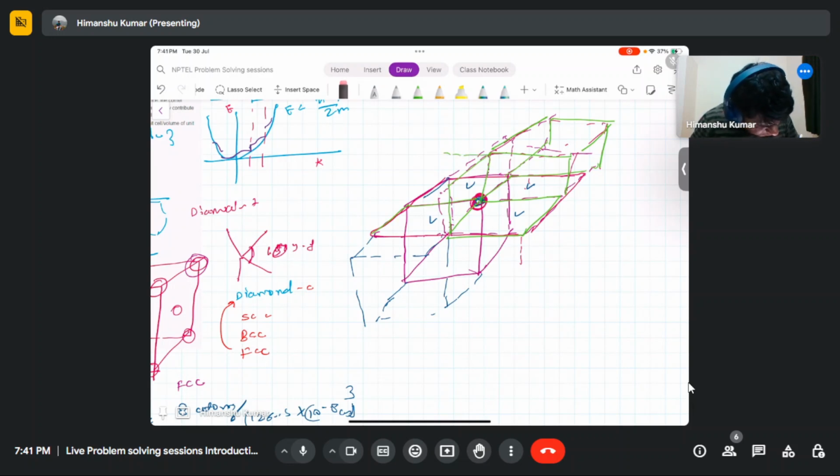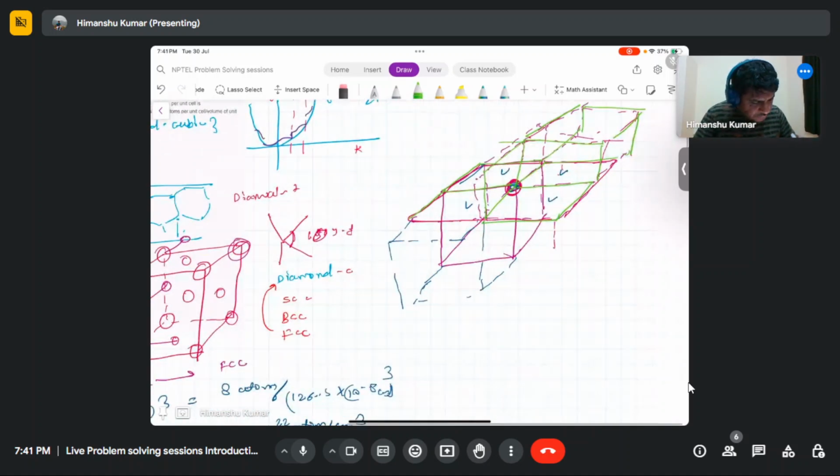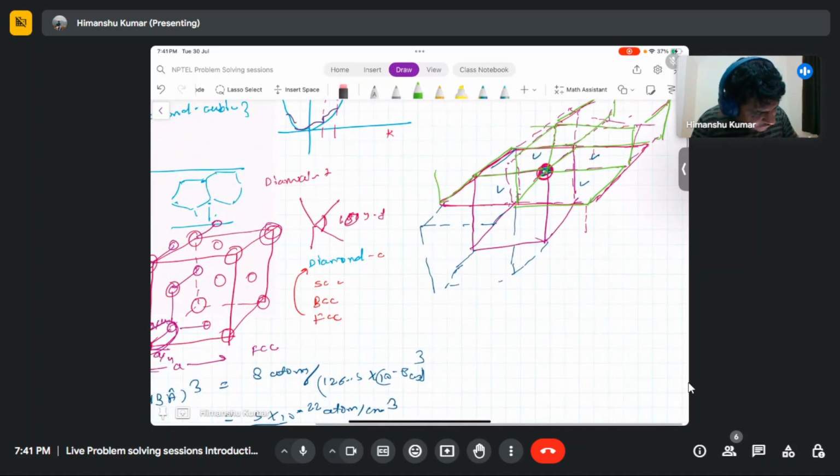If you draw this crystal, just wait. So this also you can extend.